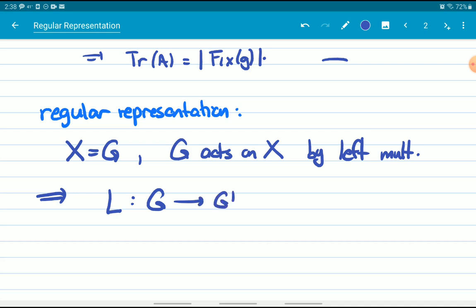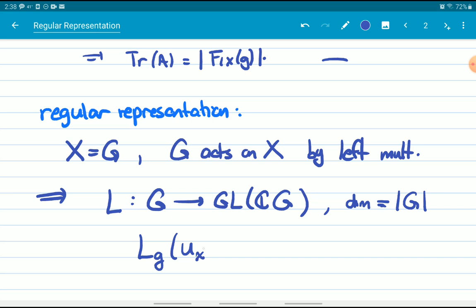So L stands for left. The dimension of this representation is exactly the order of the group. The representation is given by the formula Lg of the basis element ux. Here both g and x are elements of the group. It's just ugx.